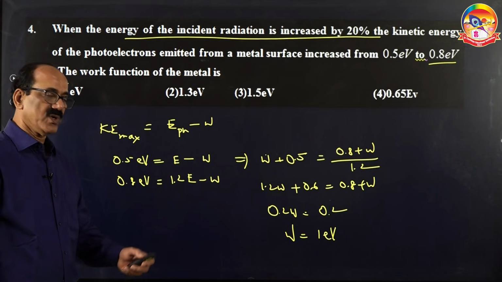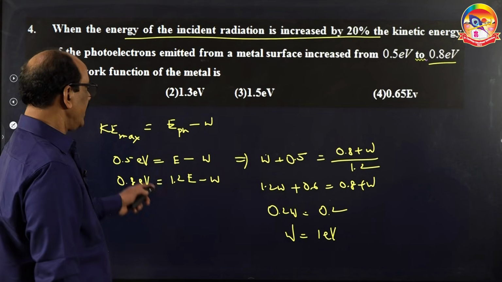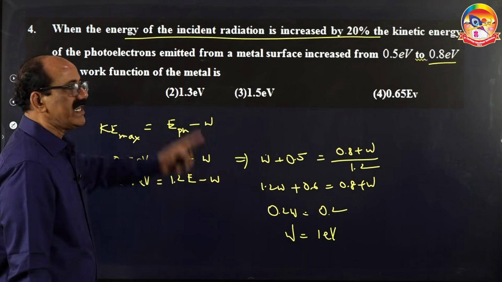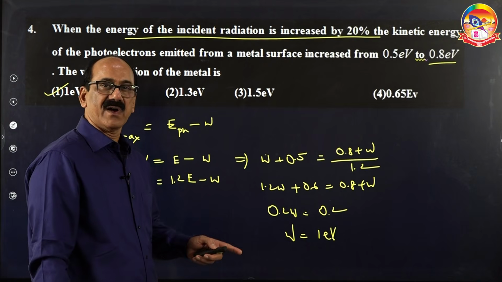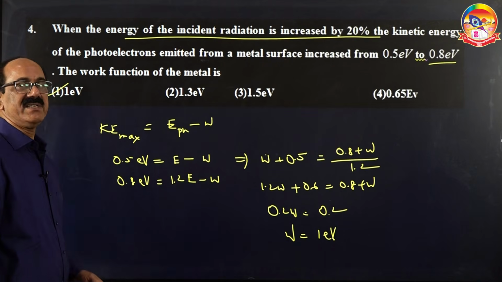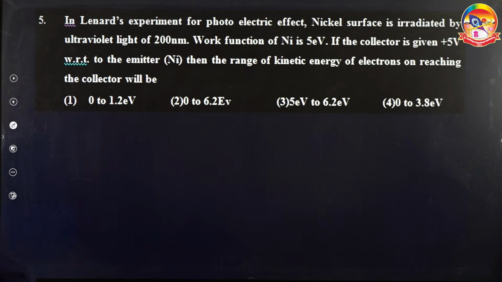Okay. So in the previous problem and this problem, we use the same concept, that is, work function is a characteristic of the metal. If the frequency of the incident radiation is increased, or the energy of the photon is increased, or the wavelength is reduced, then the maximum kinetic energy increases. So let us now go for the next one.